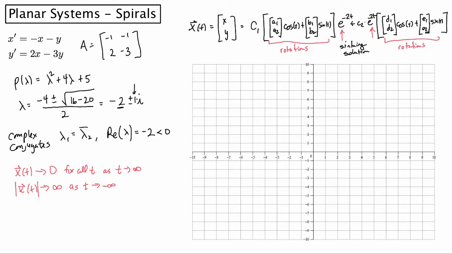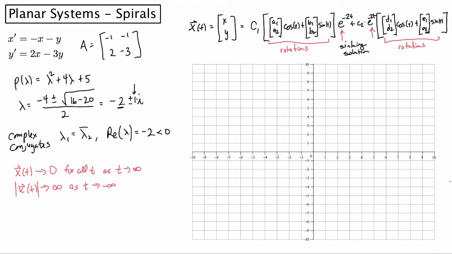And so what you have to end up deciding is whether it's a counterclockwise or clockwise rotation that takes place. And so the best way to describe this is to check out a single point.